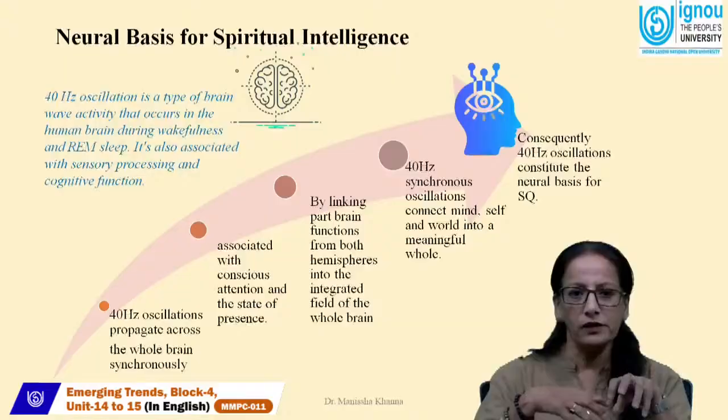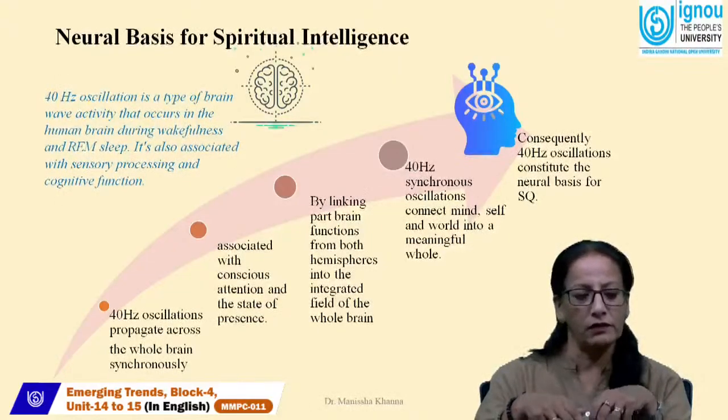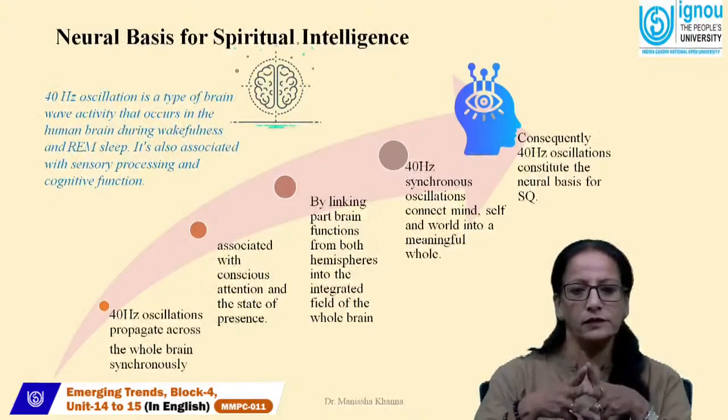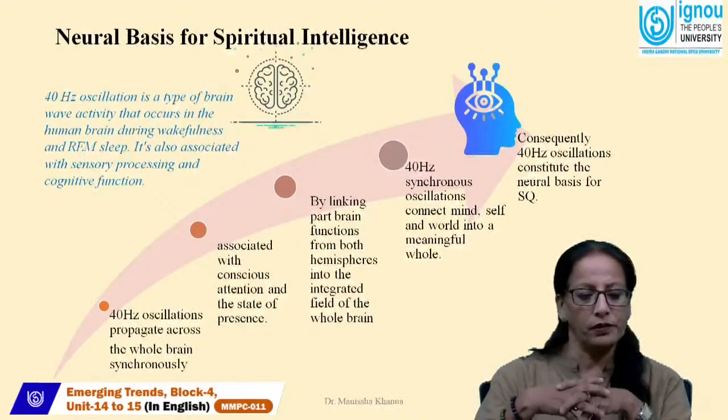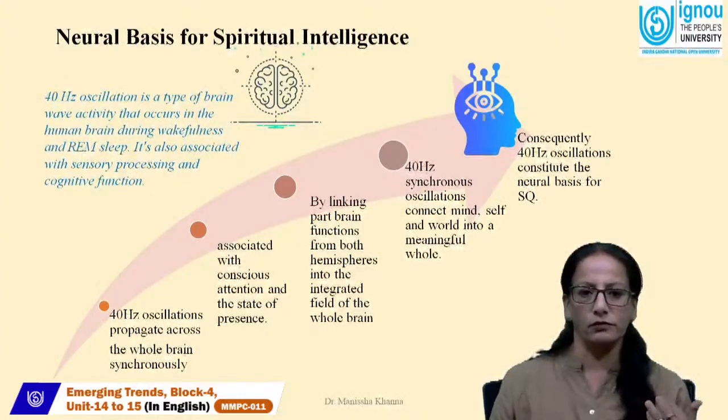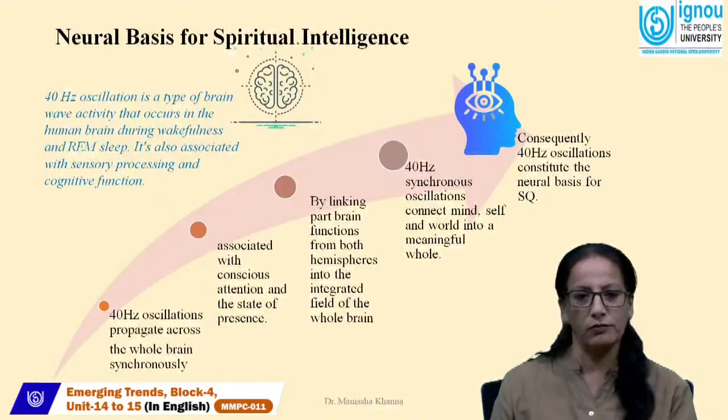This 40 hertz oscillation is a type of nerve activity that occurs in the brain where they work on the processes.